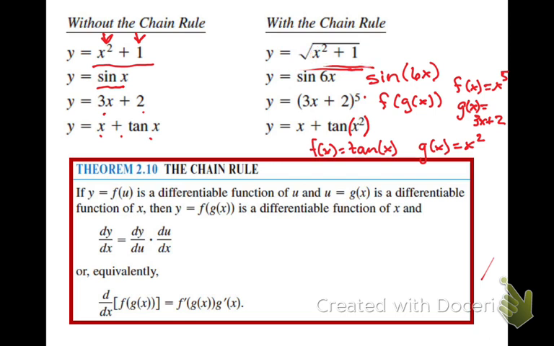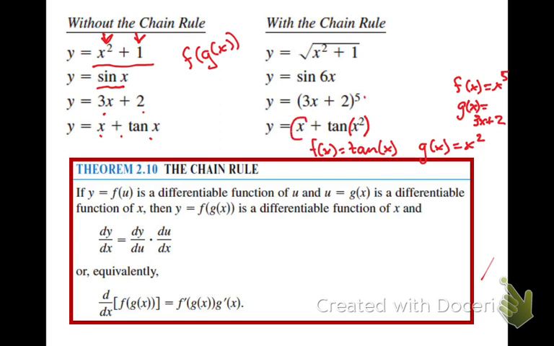So if we look at the first one, what's my f of x? Well, the trig ones are kind of confusing. This one is all by itself. That derivative is 1.